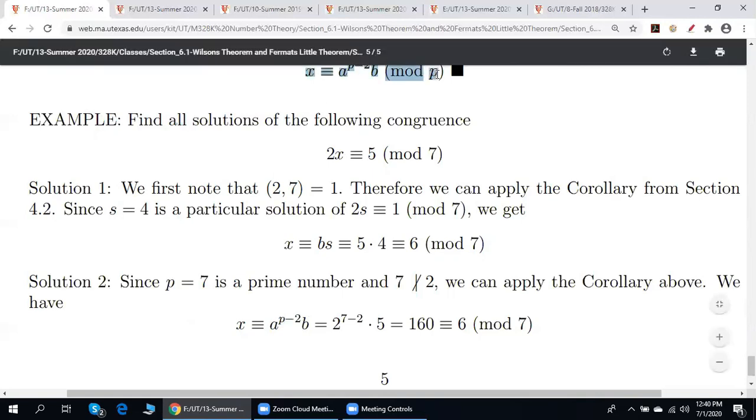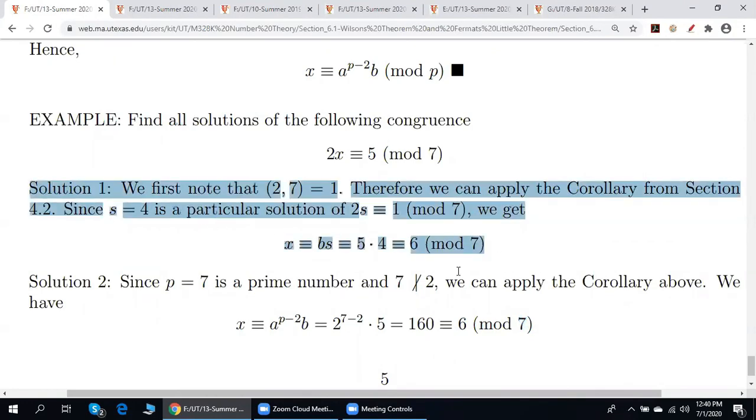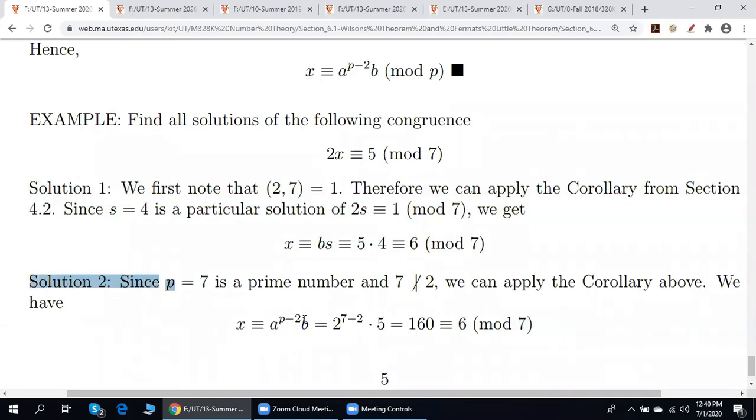It's exactly what is written here. But now, in our case, a is equal to 2, p is equal to 7, and b is equal to 5. In total, we have 160. 160 is congruent to 6 modulo 7. So either we use section 4.2 approach or we use the corollary above.